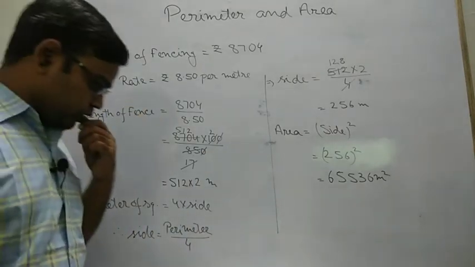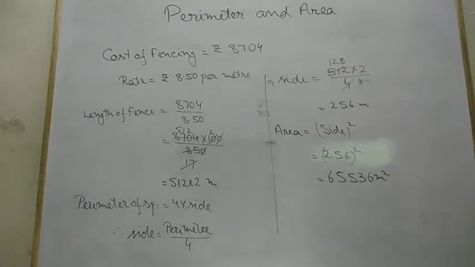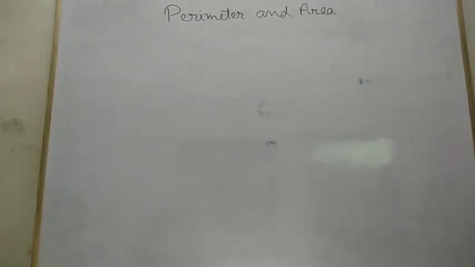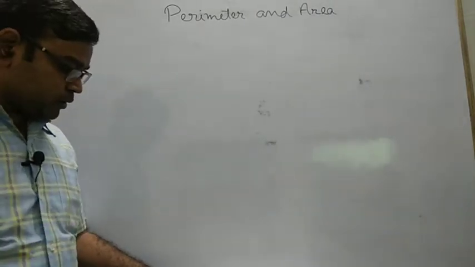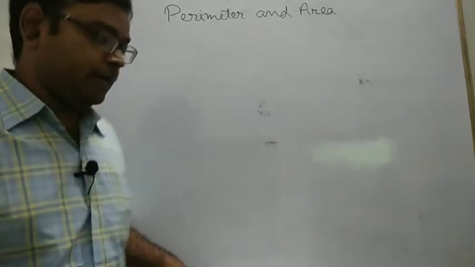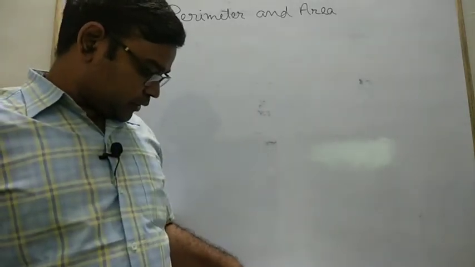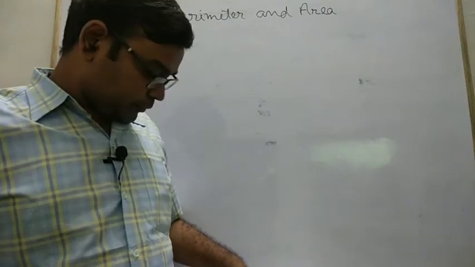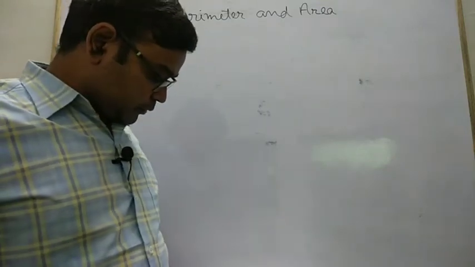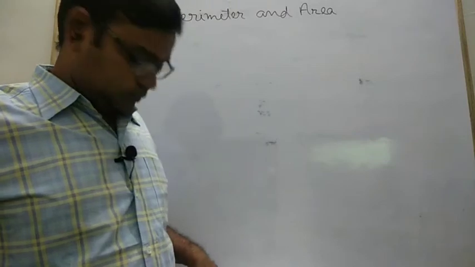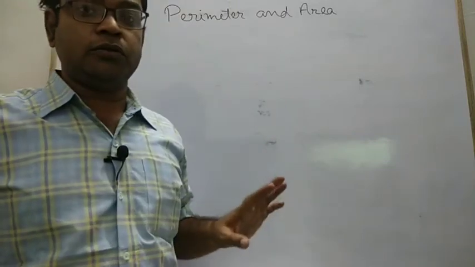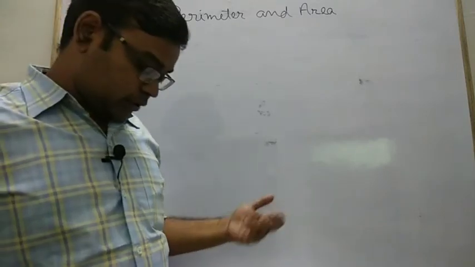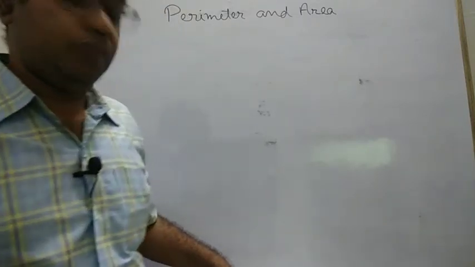Now today's last question. Now our next question is very interesting and very lengthy. So listen very carefully. In this case, room's length, breadth and height is given to you. And question says that the walls are to be distempered, allowing 25 meter square for doors, windows, etc. Find the total area to be distempered. The area of the doors and windows, which is not distempered, is 25 meter square.